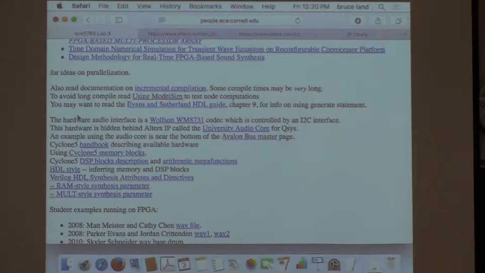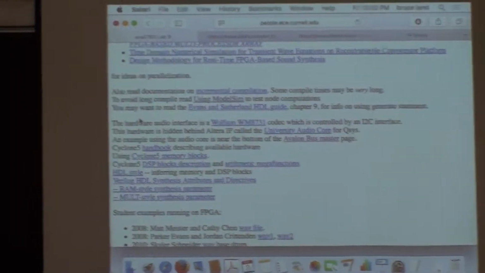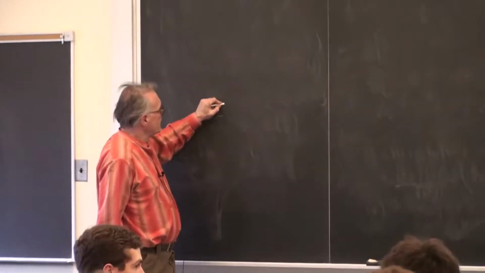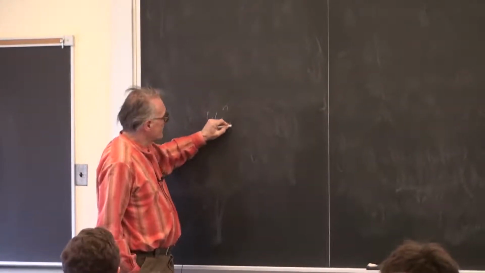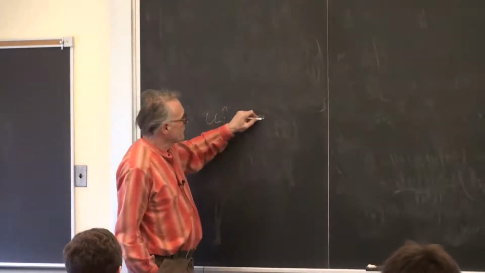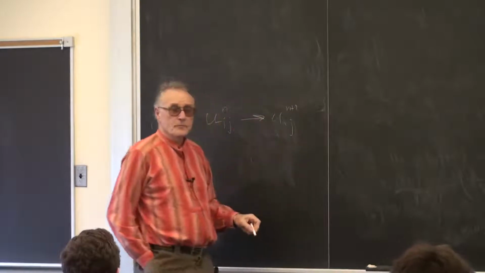So good morning, folks. Last time we talked about Lab 3 math, and I gave you a recurrence formula that allows you to step u(i,j) at time t=n forward to u(i,j) at n+1.